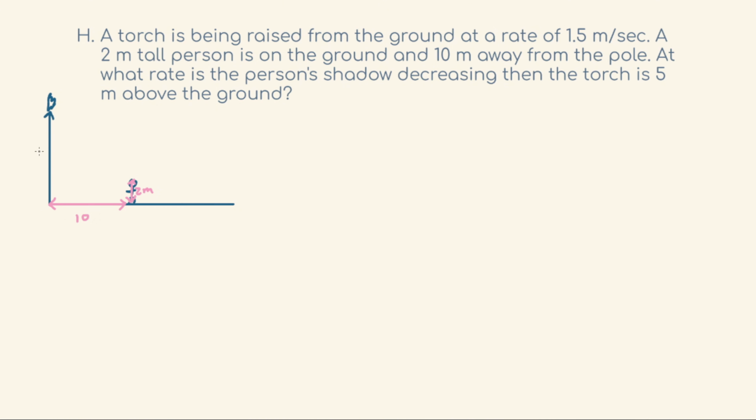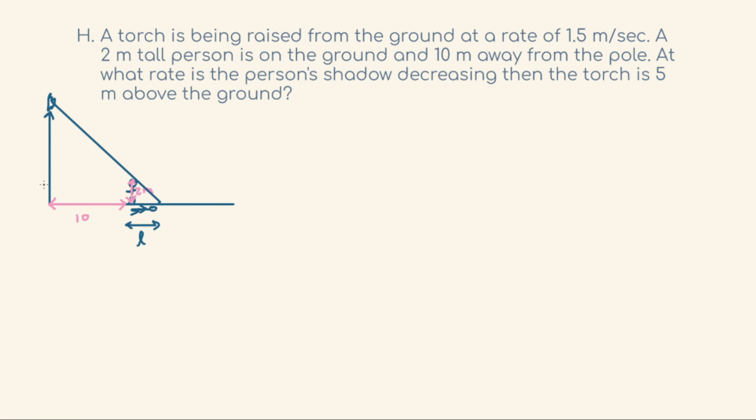Now, once again, this is like those light questions. The light's shining out this way, and this person's blocking the light. And so the light's going to land around there. His shadow's going to come out like that on the ground, all right? And so we can see that the length of his shadow is changing, so let's use a variable here. Let's call it L, all right?